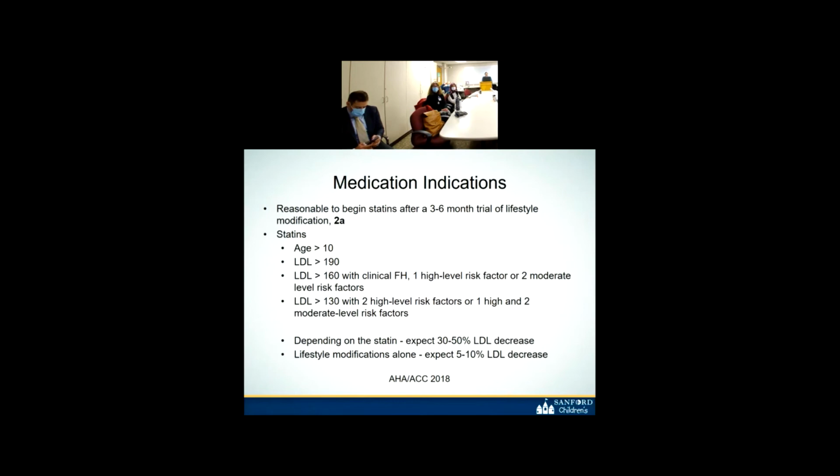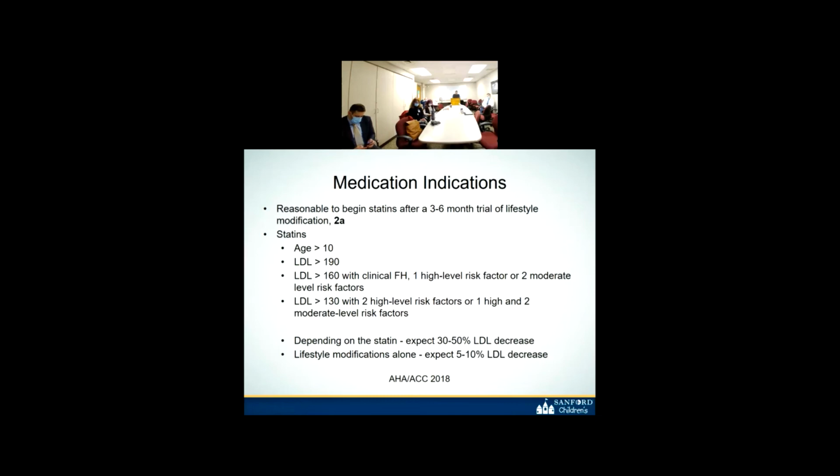And so for the most part, the majority of the statins that we use, if you are 10 or older, if you have LDL levels greater than 190, 160 with clinical FH or high risk factors, or greater than 130 if you have 2 high risk factors, those are all indications to start medications.